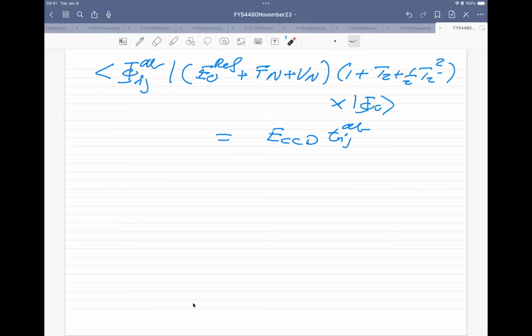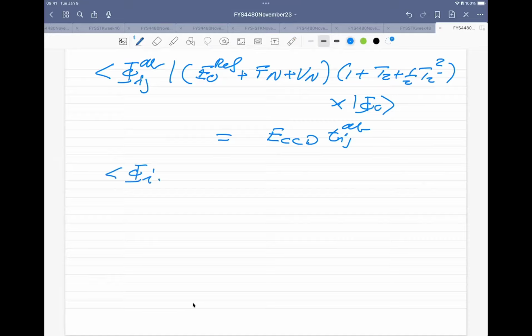So the E0 ref term there disappears. But if I multiply E0 ref with T2, that can be non-zero, because I have a T2 which I can marry with this one. So that is the only term which survives, giving E0 ref times this Tij AB.